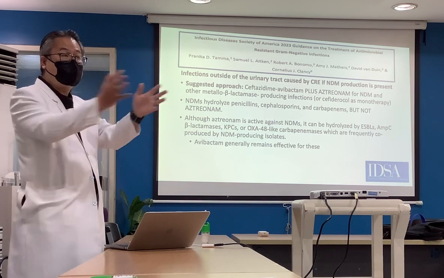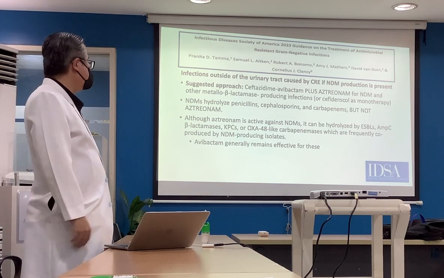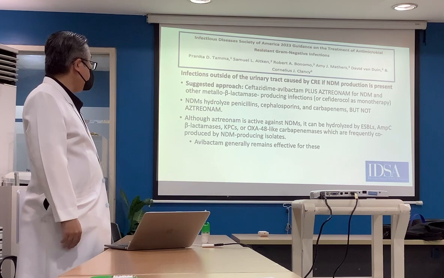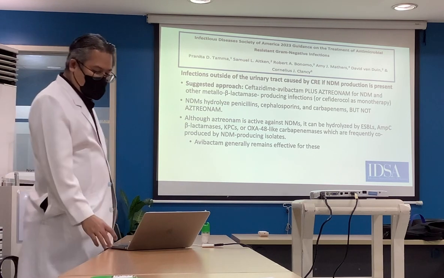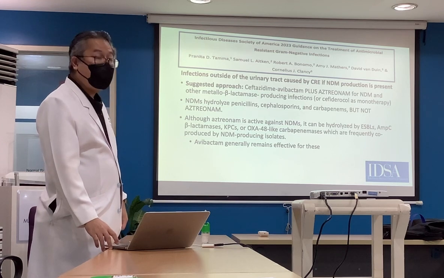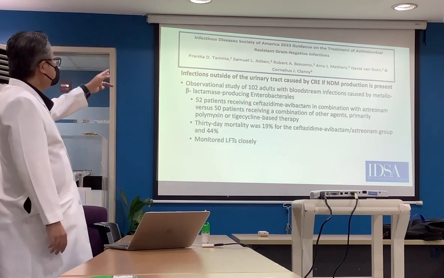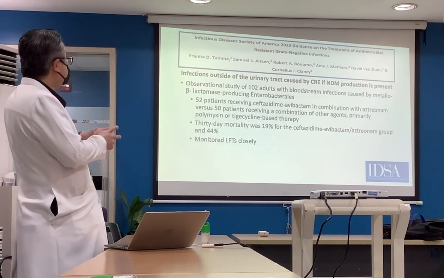That's why it doesn't cover the other Ambler classes, A, C, and D. And avibactam will take care of those. So it's a pair. They help each other.